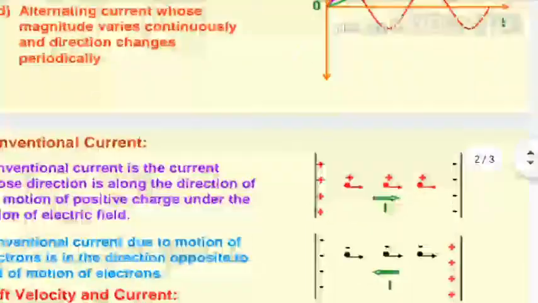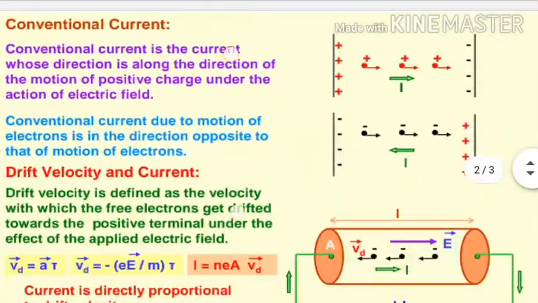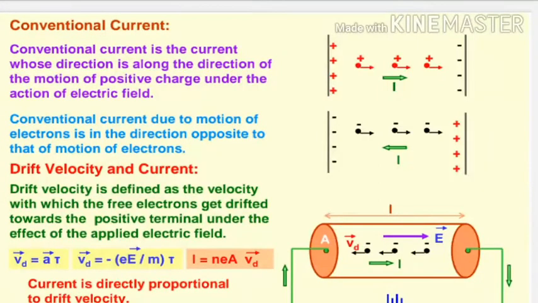Now come to the next topic, that is conventional current. What is conventional current? Conventional current is the current whose direction is along the direction of the motion of positive charge under the action of electric field. Conventional current, due to motion of electrons, is in the direction opposite to that of motion of electrons.